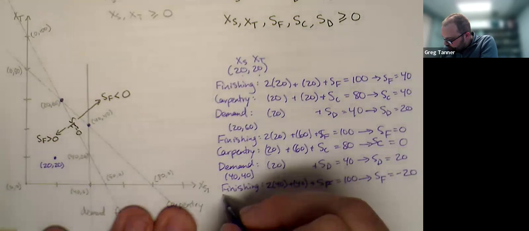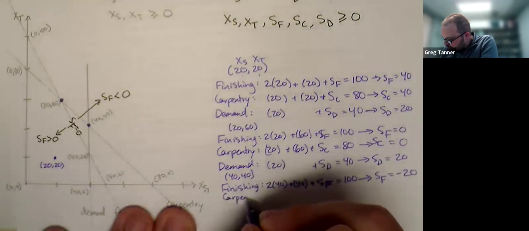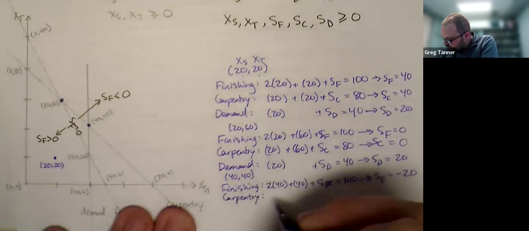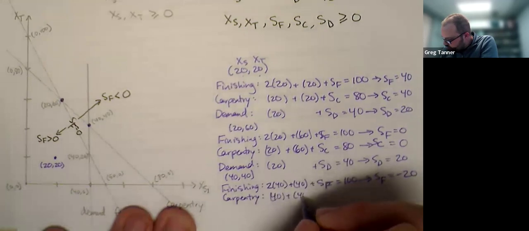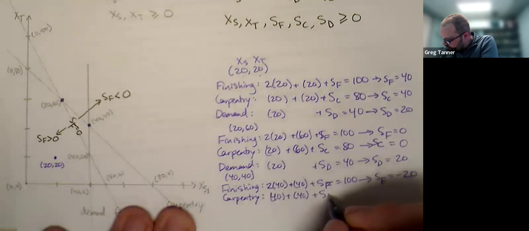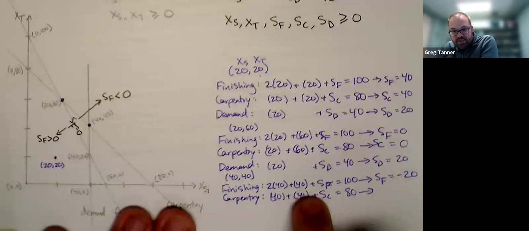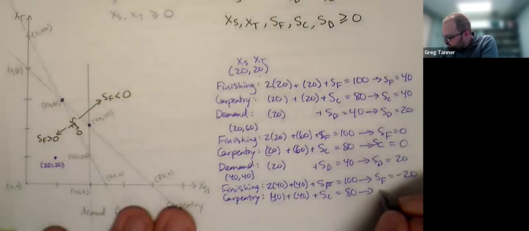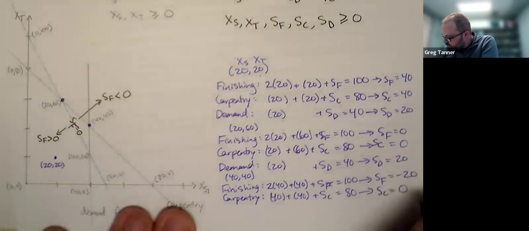Okay, and then carpentry, we'll have 40 plus 40 plus SC equals 80. 40 plus 40 is 80. Subtract 80 from both sides of that equation, and we'll get SC equals 0.